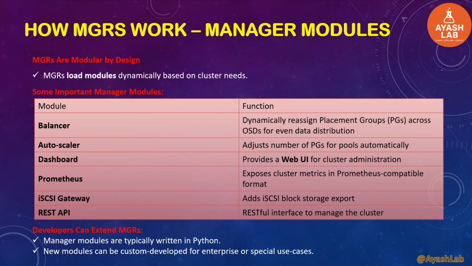The balancer module dynamically redistributes placement groups, the PGs, across the OSDs to keep storage balanced. It makes sure that no OSD is overloaded. Next is the autoscaler. The autoscaler module automatically adjusts the number of placement groups in a pool as data grows, which helps keep performance stable too.